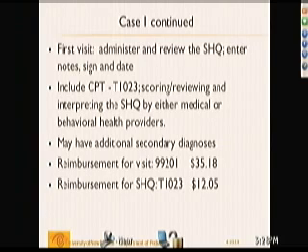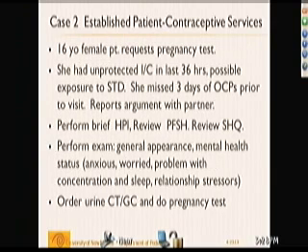If you have questions or comments as I go through these cases, feel free to speak up. This is an established patient, so this is a patient that has been seen before within the last 3 years.